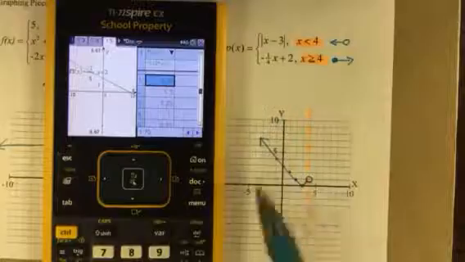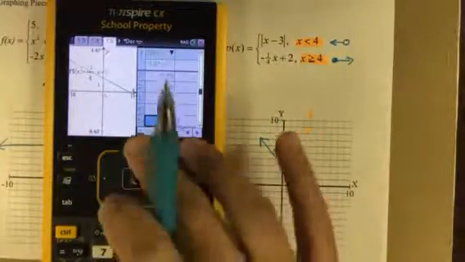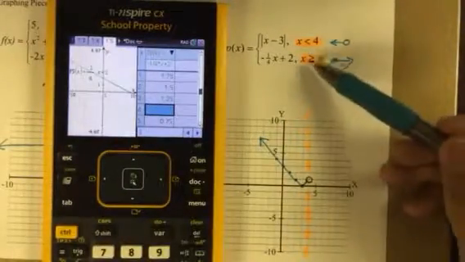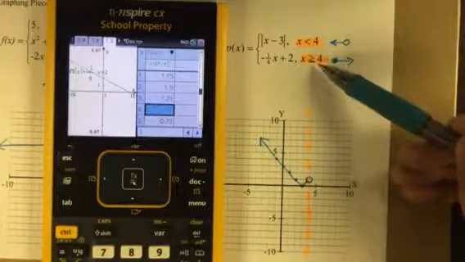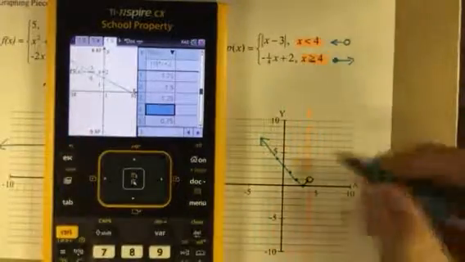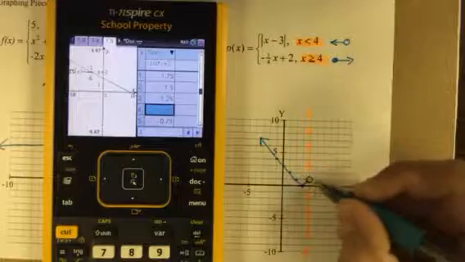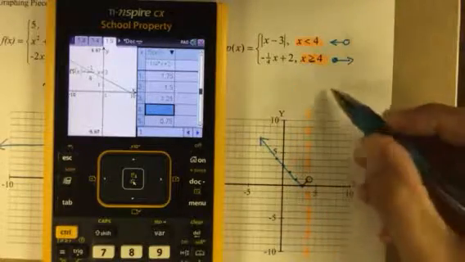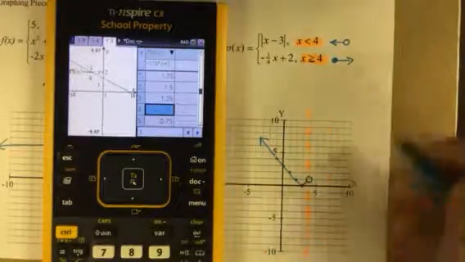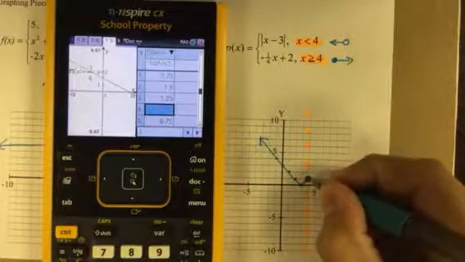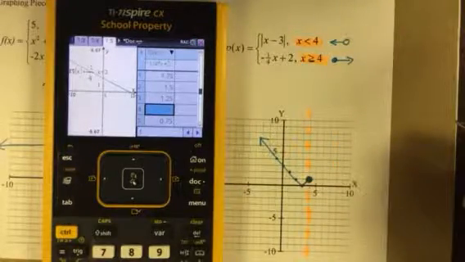The first x value we want to start with is 4, because that's what it has over here. So we have 4, 1. 4, 1 is exactly where the open circle is, but this linear line needs to be closed, so we shall close it.